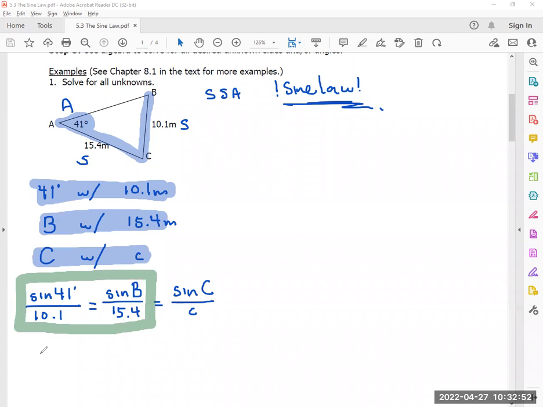Sine 41 divided by 10.1. Do you get 0.0649? Yeah. I'm running out of space, aren't I? Let me write it up here.